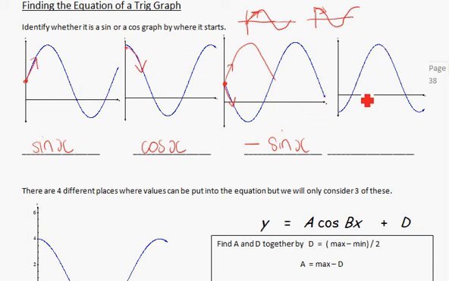And similarly with this one, you can see it's a reflection of the cosine curve that normally starts here and goes down. This one, our y-intercept is here and we're moving up, so it's actually a reverse, a negative cosine curve.